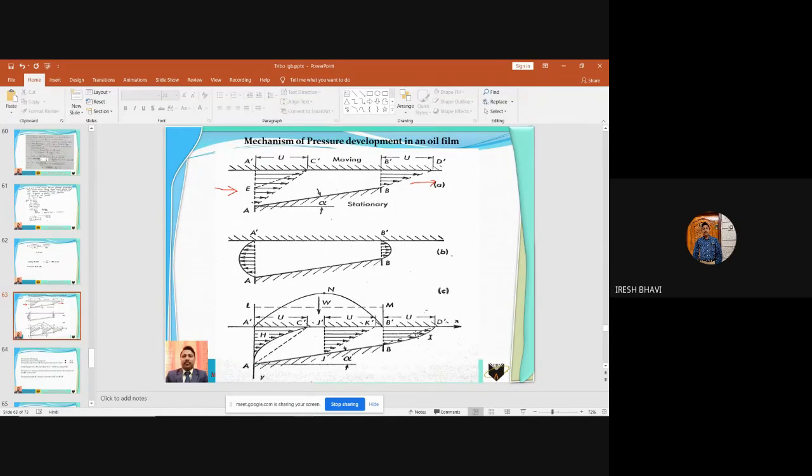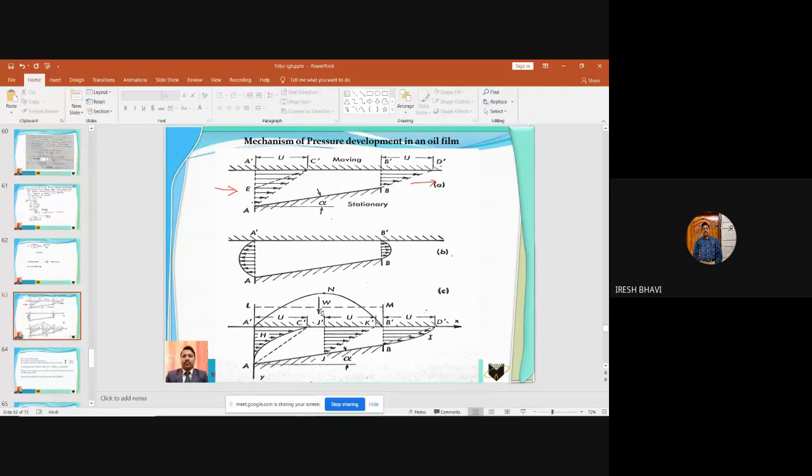Okay. The curve A dash N B dash shows the pressure distribution in the oil film. The line LM is called the mean pressure line, the mean pressure in the oil film. And W is the weight on the shaft.